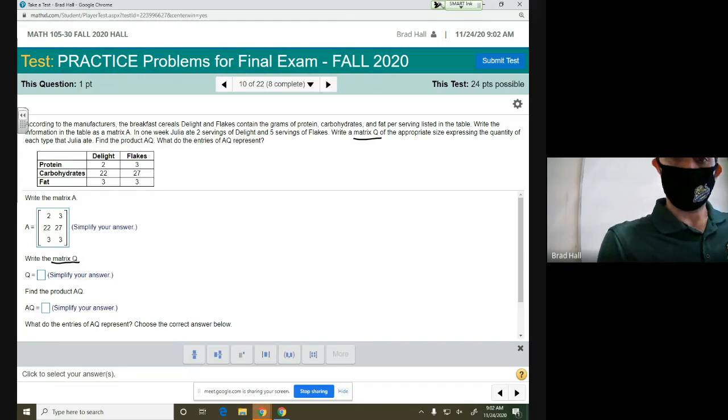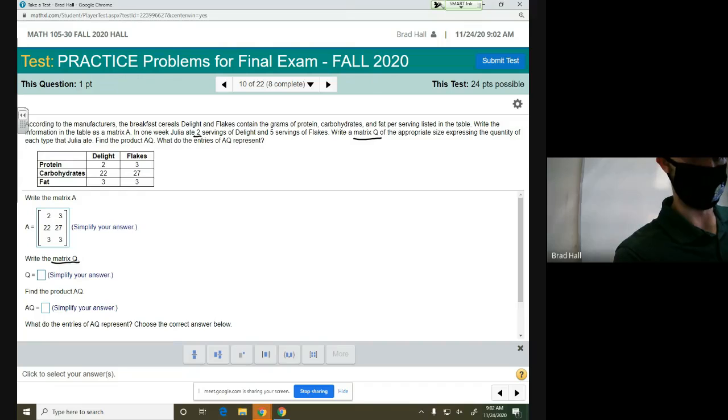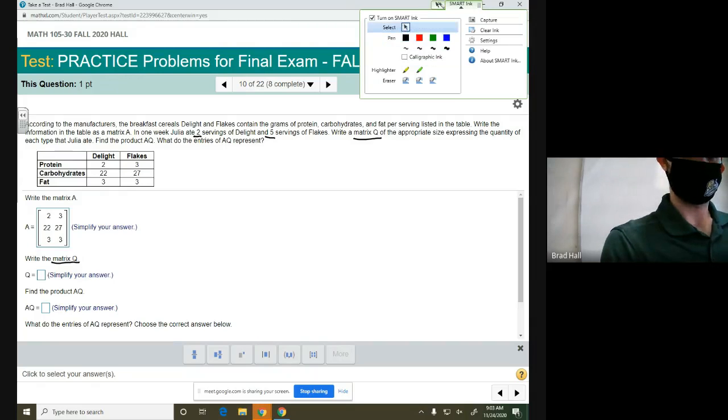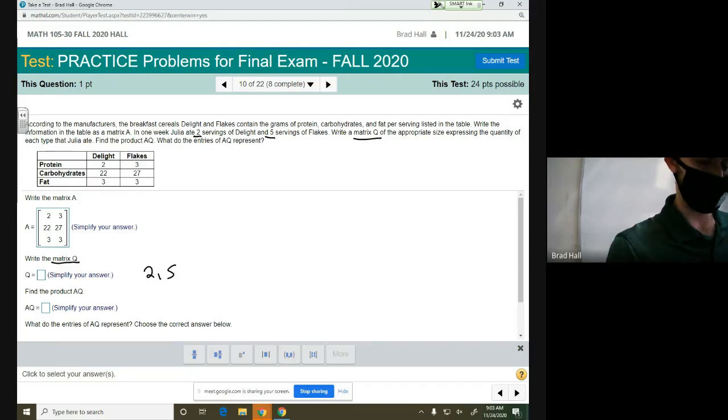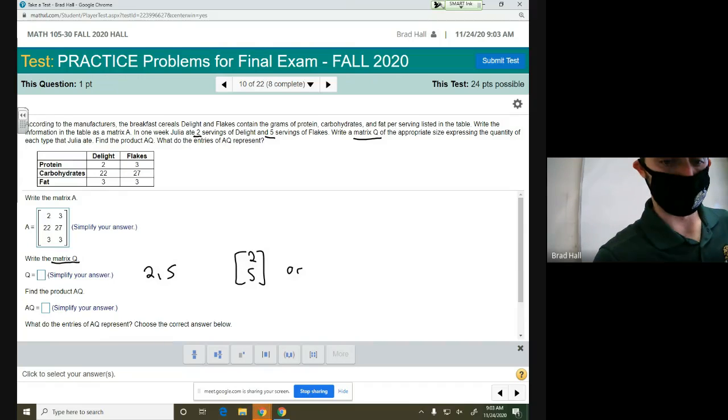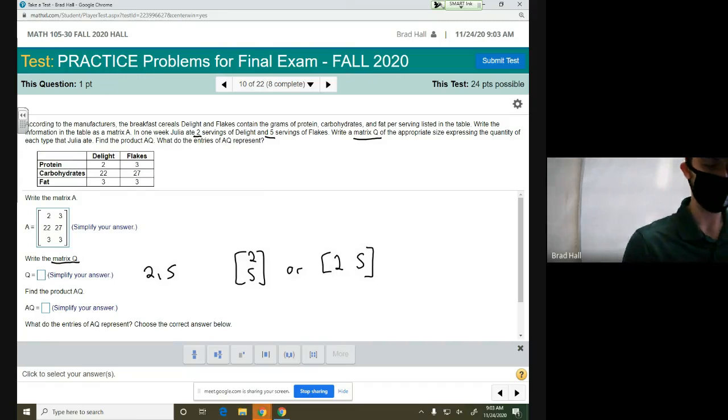So matrix Q is the quantity of each type that Julia ate. It says Julia ate 2 servings of one thing and 5 servings of another. And so I suppose the only thing we have to figure out is the matrix Q, so here it clearly refers to 2 and 5, but do we write that like this, or do we write it as this?